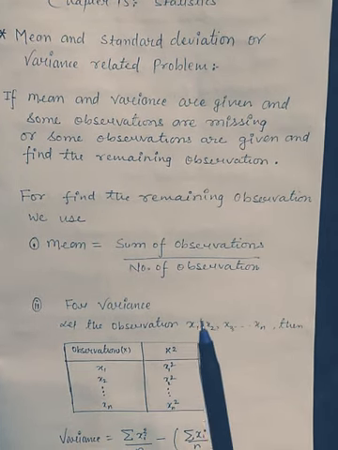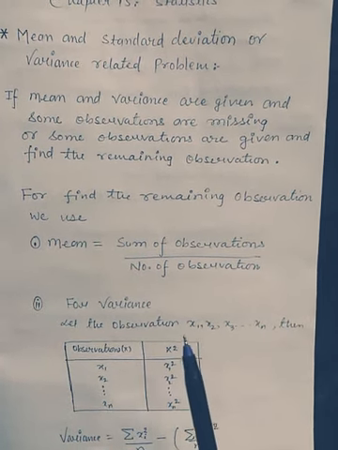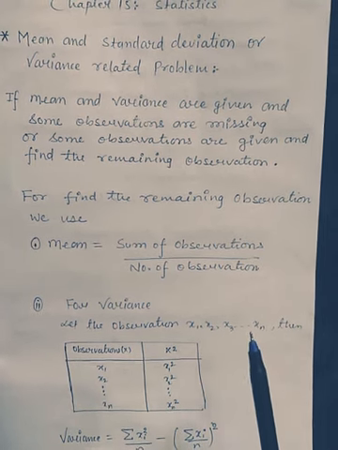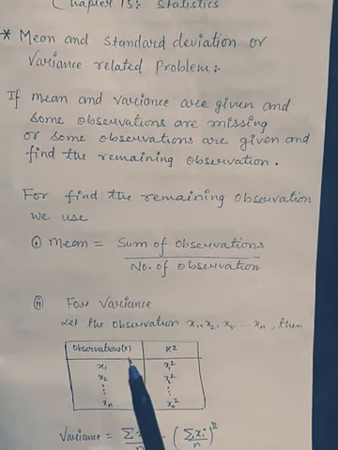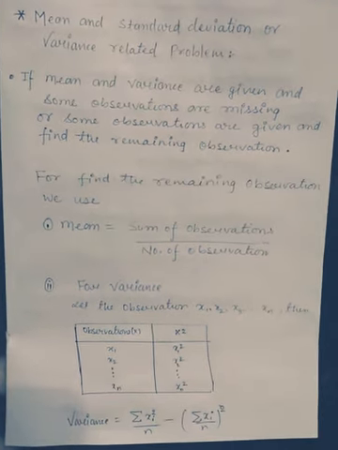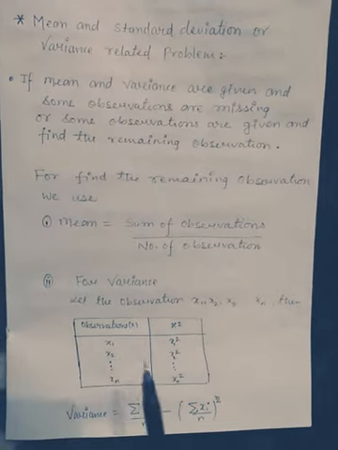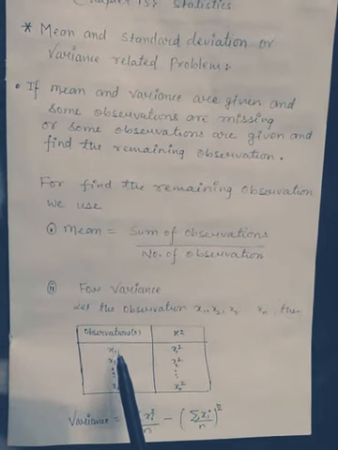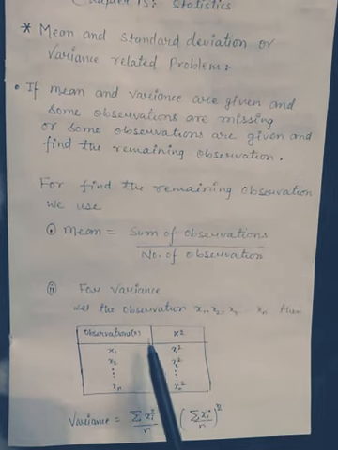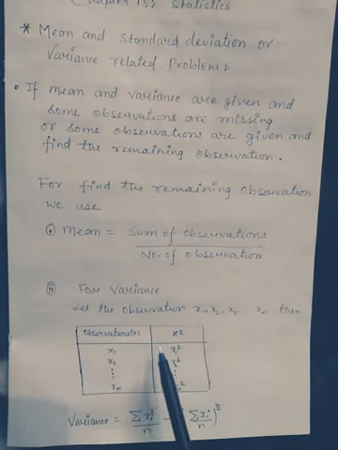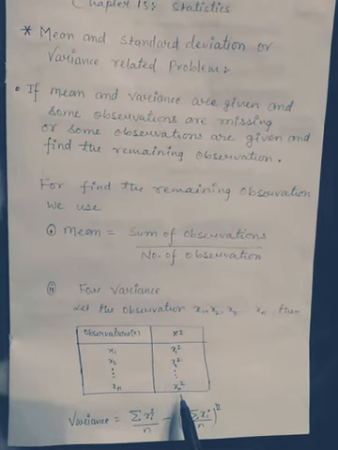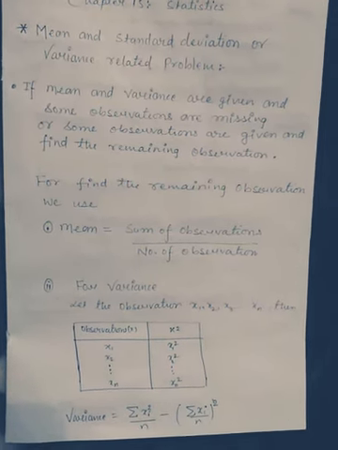Second, for variance, let observations be x1, x2, x3 up to xn, then the squares are x1 square, x2 square up to xn square.